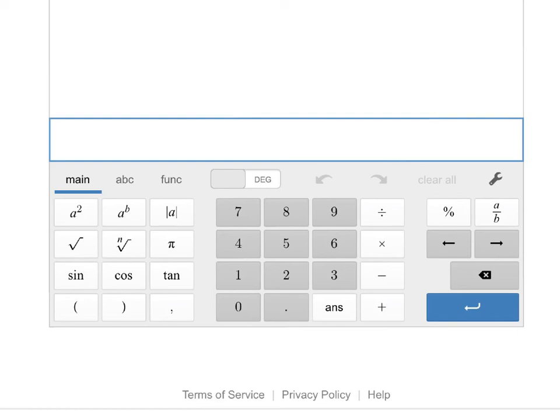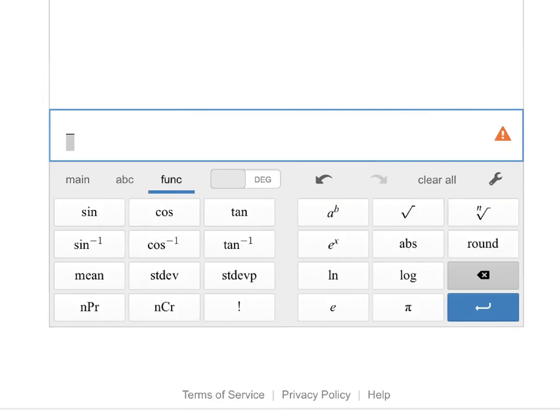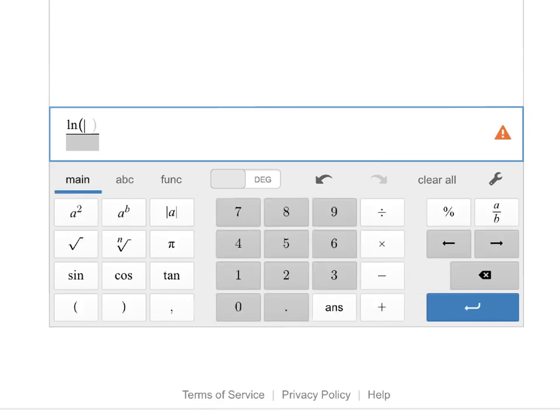I'm going to go main, and I can do the fraction button, and it was the ln function. Sorry, ln of 5 plus 1, divided by 3. Okay, 0.869, or 0.870.